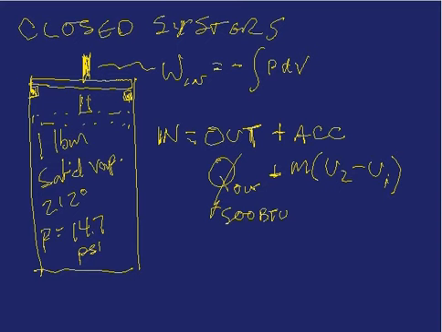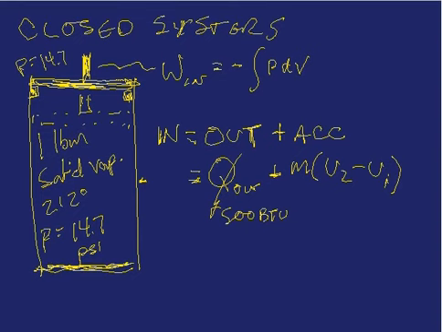The work in is equal to minus the integral of P dV. Notice that if this is steam condensing, we'll make this a weightless piston, so that the only pressure is the pressure of the atmosphere. We'll make that 14.7. Then the pressure doesn't change, and the temperature doesn't change if it's condensing and stays saturated. Since the pressure doesn't change, the temperature won't change. And so what we have is a little bit of liquid condensing down in the bottom here.